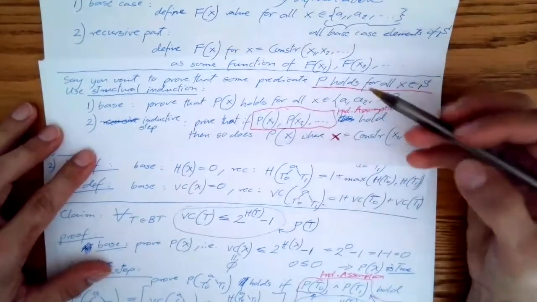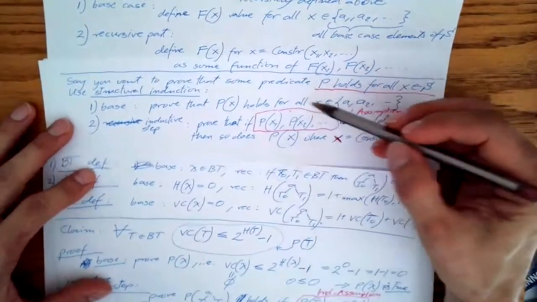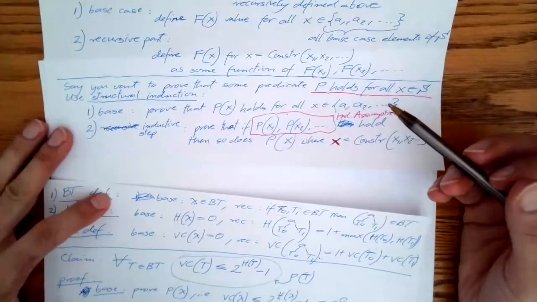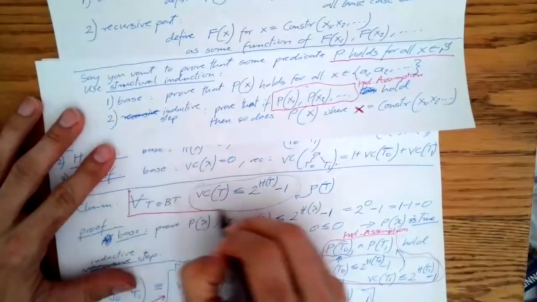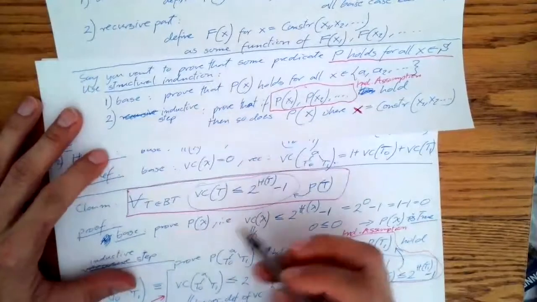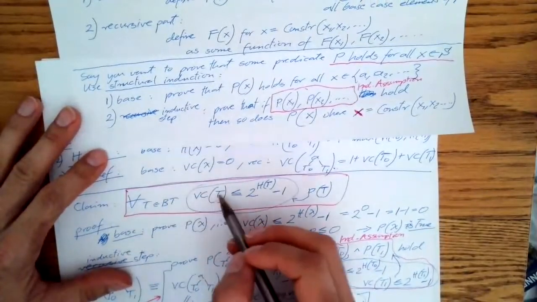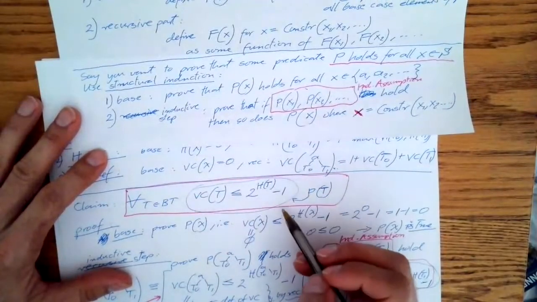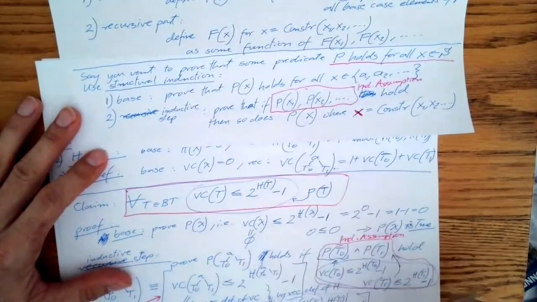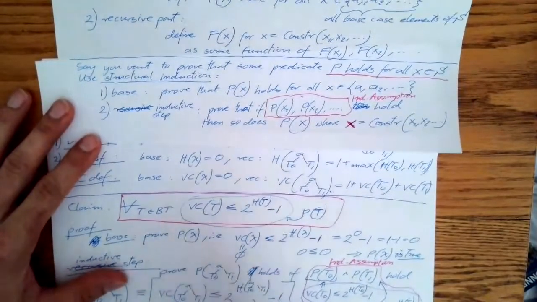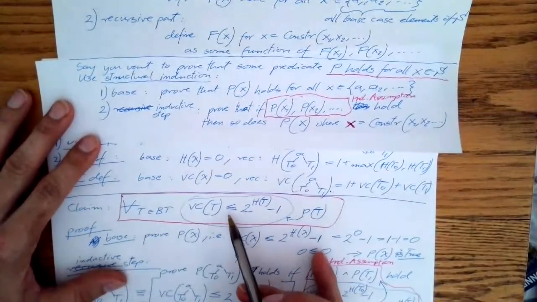There are no integers here. This is not a predicate about integers. It's a predicate about trees, right? For every tree, VC of the tree is upper bounded by 2 to its height, minus 1. So I cannot use standard induction, because where is my induction variable? Where is my n?